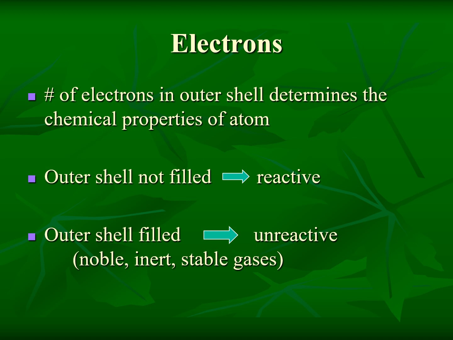If that outermost shell is not filled completely, then that particular element is going to be considered reactive. If the outermost shell is filled, then it's unreactive. And this is what we call, we have different terms because they keep changing it.